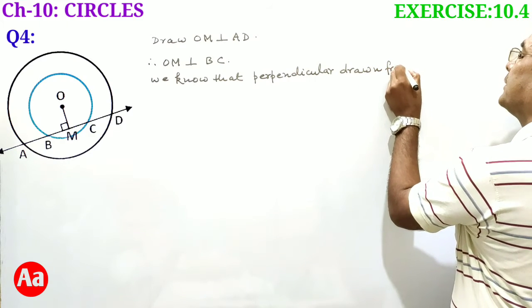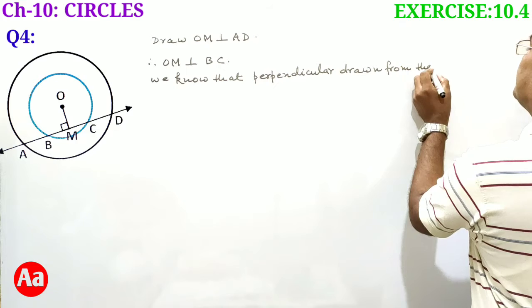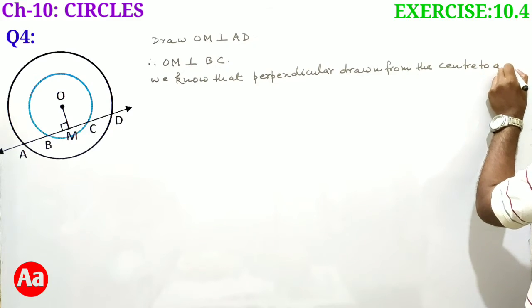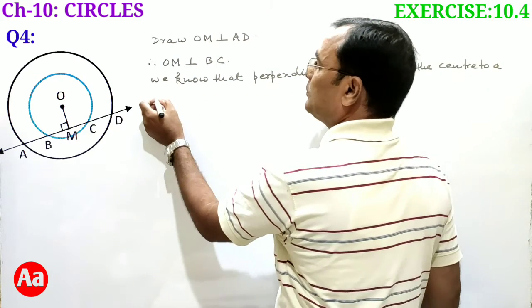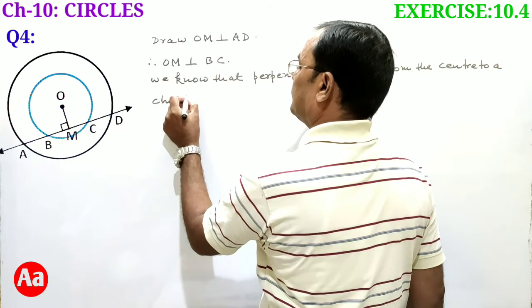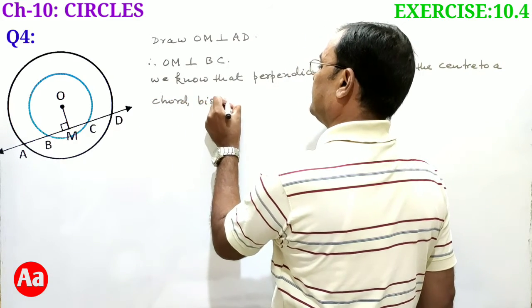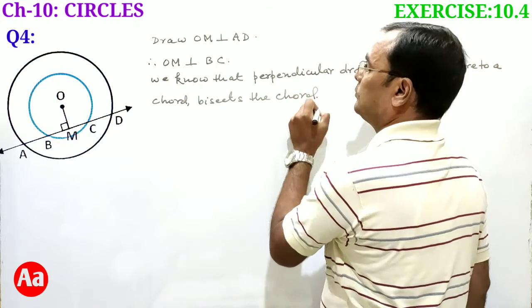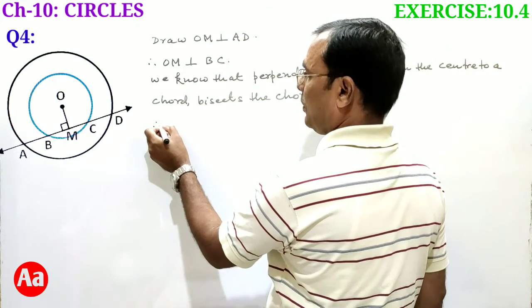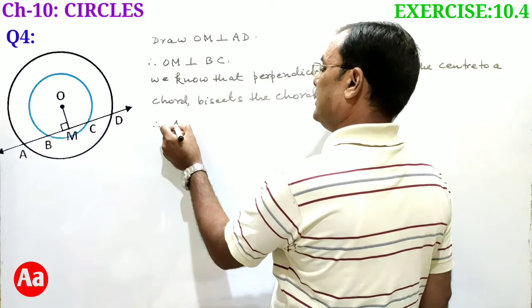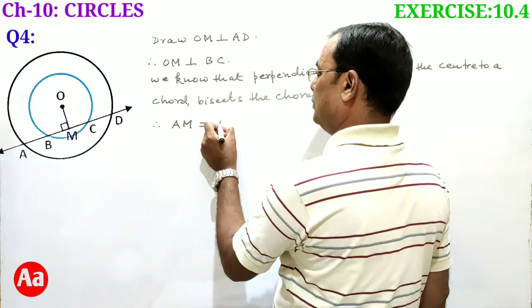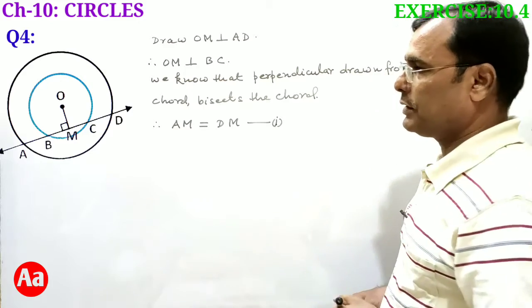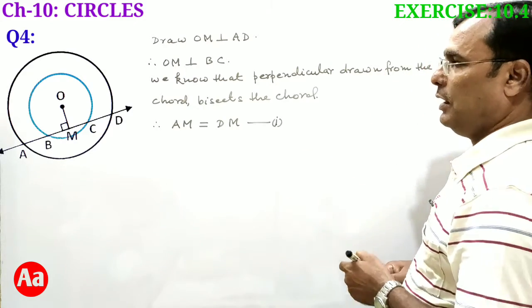And therefore AM equal to DM. Number one, because AD is a chord of outer circle, and OM is perpendicular to AD.